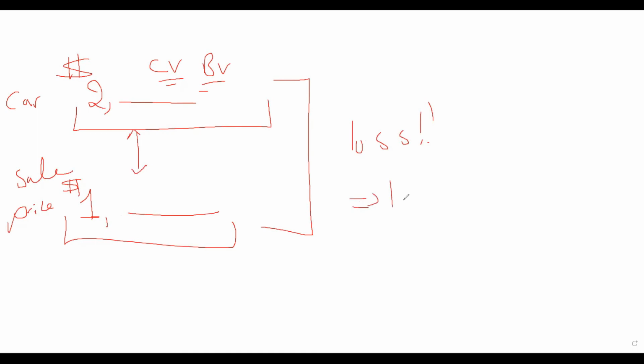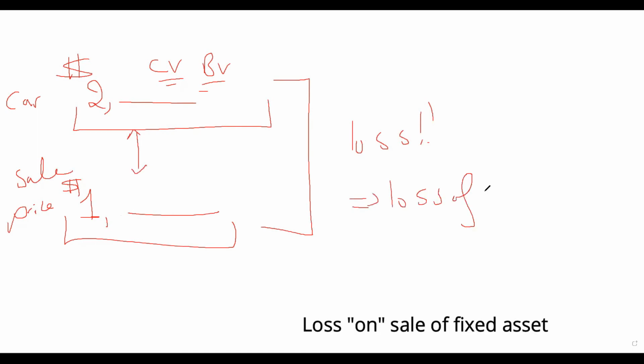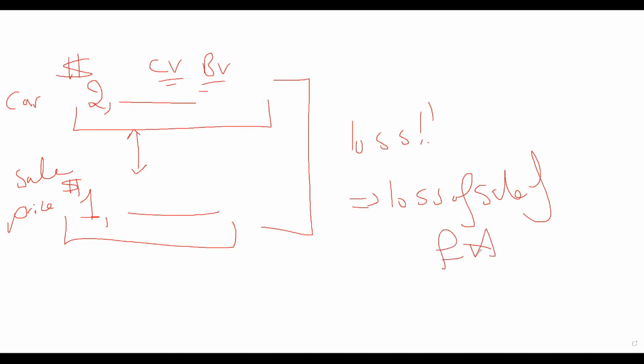So we record a loss on sale of fixed asset, which means that a loss has been incurred because we've sold the car for less than its book value, and the amount is $1,000. But did we actually pay this $1,000 to anyone? No, we didn't. We collected $1,000.